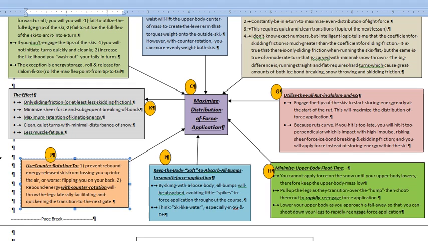You have maximum retention of kinetic energy. You have clean, quiet turns with minimal disturbance of snow, less muscle fatigue, and also, I forgot up here, your skis are going to carve cleanly because you're evenly distributing weight across both skis. Okay, that's it for that lesson.